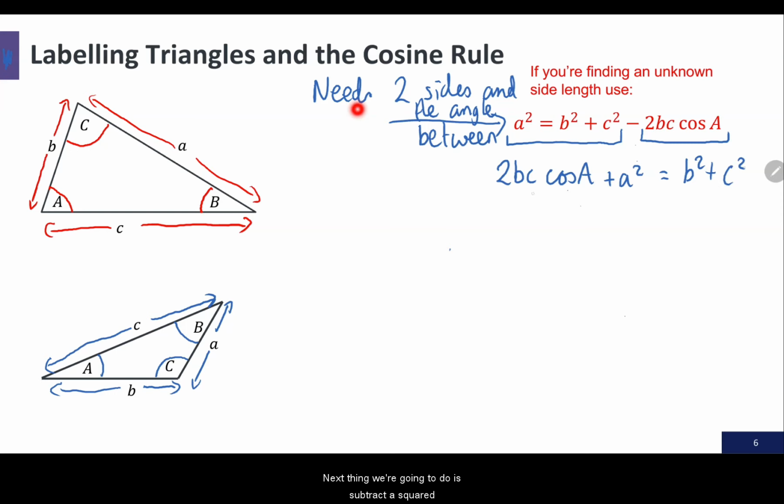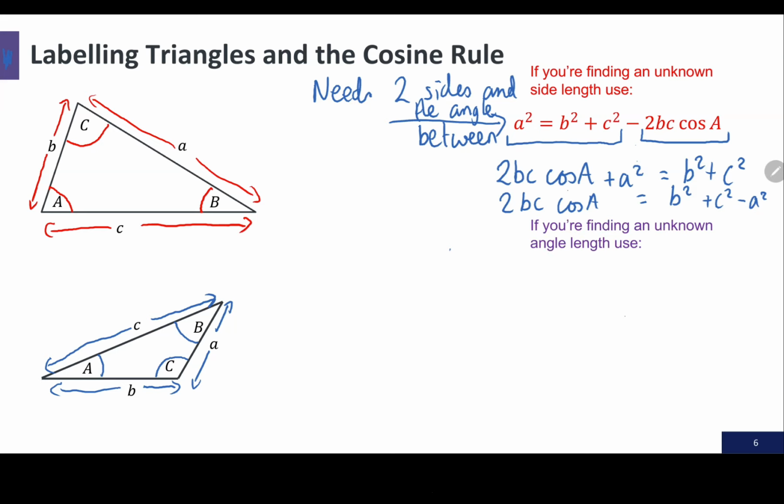Next we're going to subtract a squared from both sides. The last step is to divide through by 2bc, which gives you this formula here. So if we're using the cosine rule to find an angle, it is this formula.